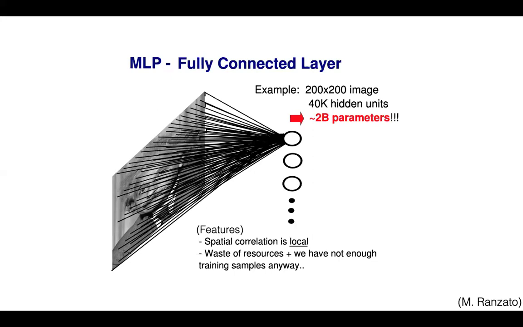Although we can learn general functions, for an image that is not actually going to be useful because we want to learn features. In this case, we are looking for spatial correlations with the local properties of parts of the image. And then we want a special operator for that.